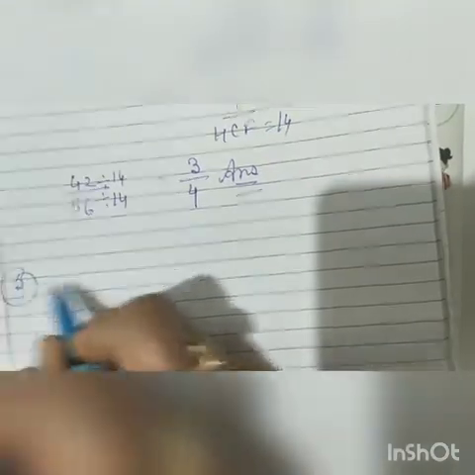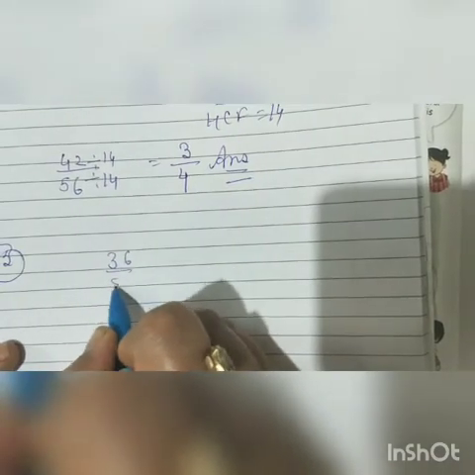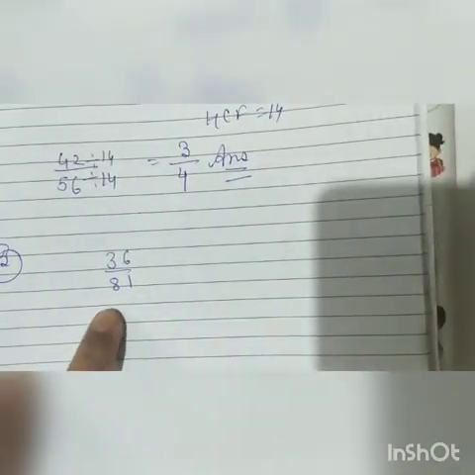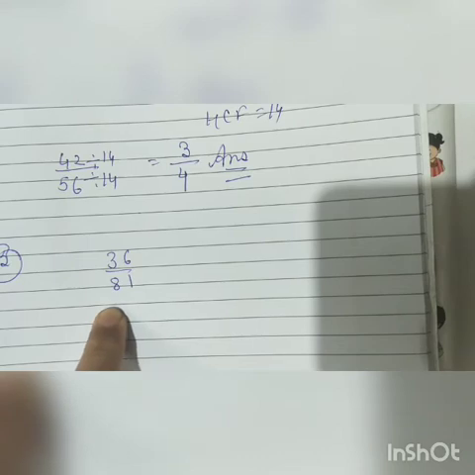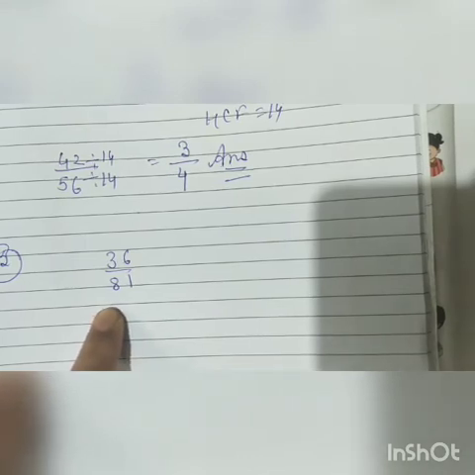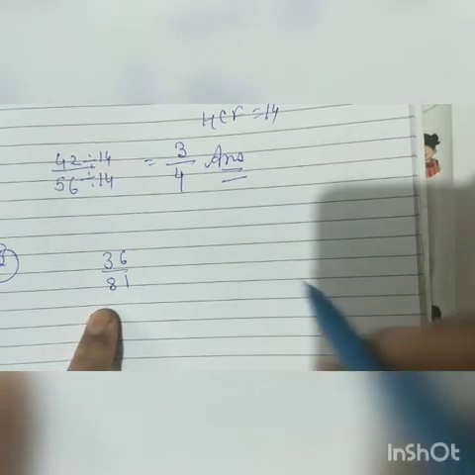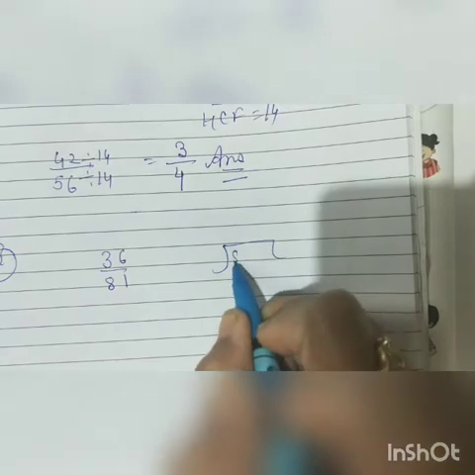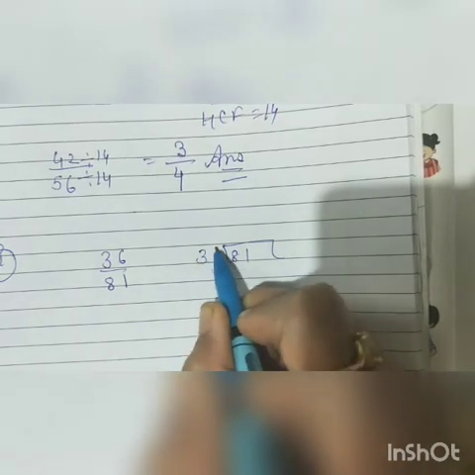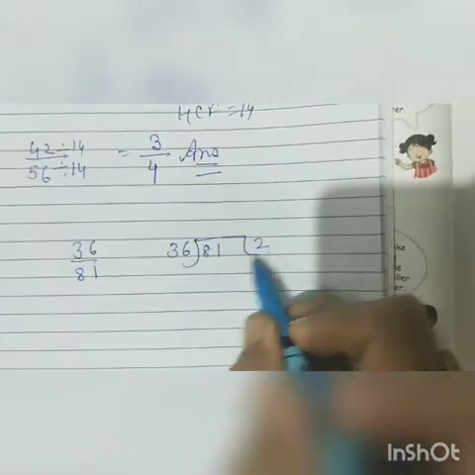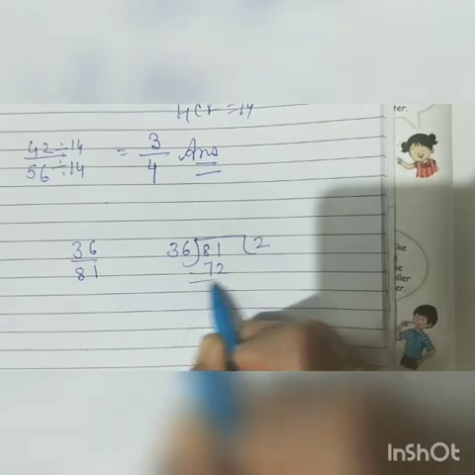One more question I'm explaining. Question number 5. 36 by 81. We have to convert it into the lowest term by dividing by their HCF, the highest common factor. First, we will find the HCF by the long division method. Divide 81 by 36. 36 2s are 72.